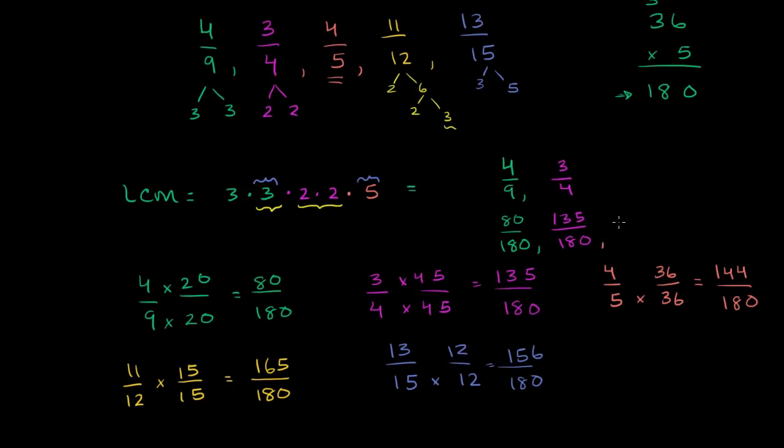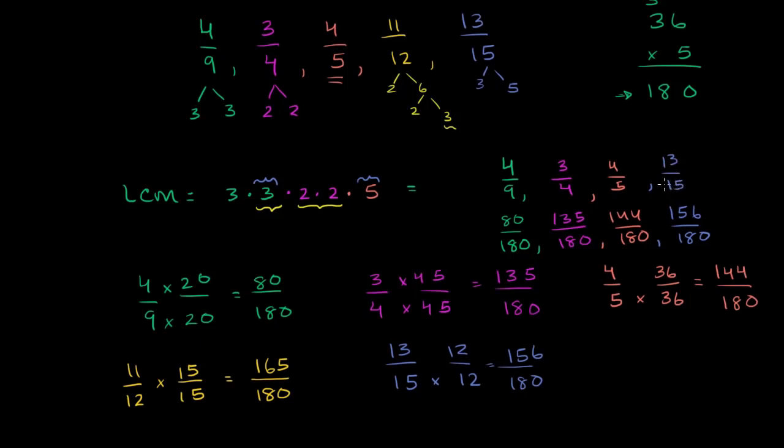So this is going to be the 144 over 180, which is the same thing as 4/5. And then finally, we have 2 more. The next is this 156 over 180.